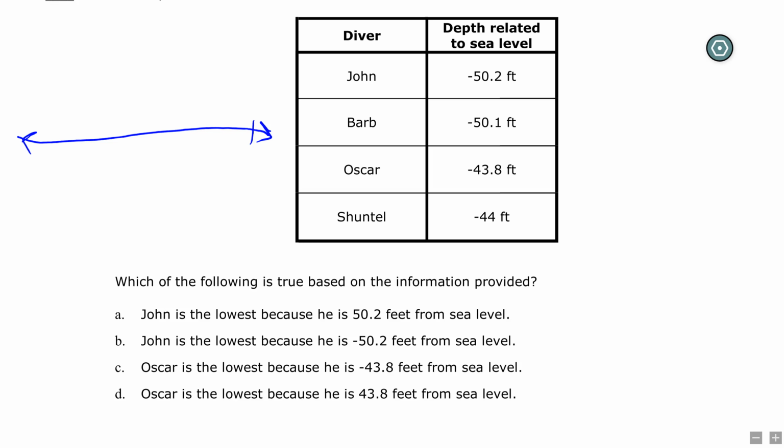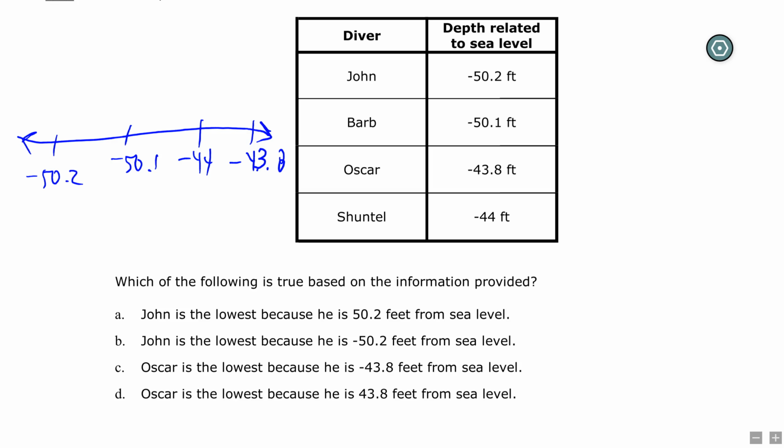So I know my largest number is -43 and 8 tenths. Then I have -44, -50 and 1 tenth, and -50 and 2 tenths.